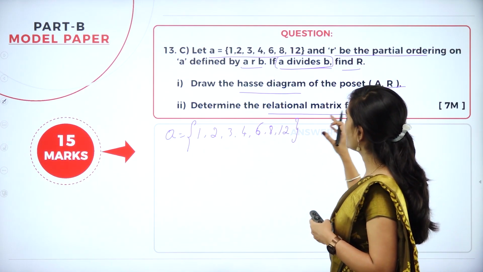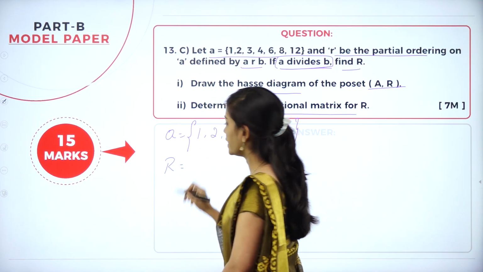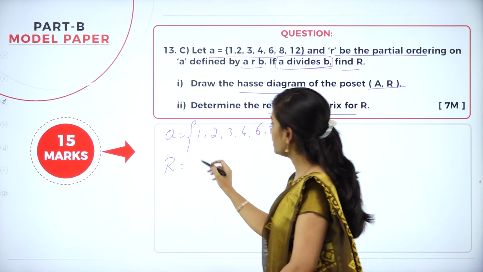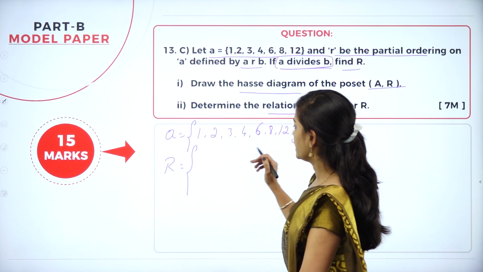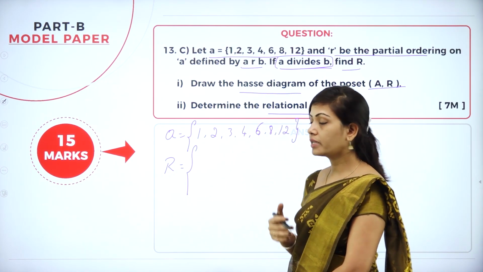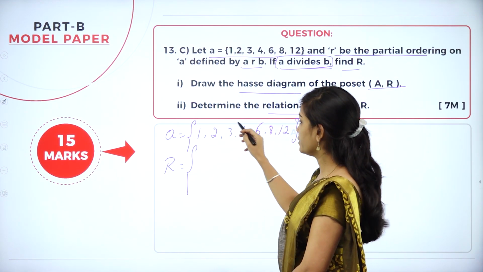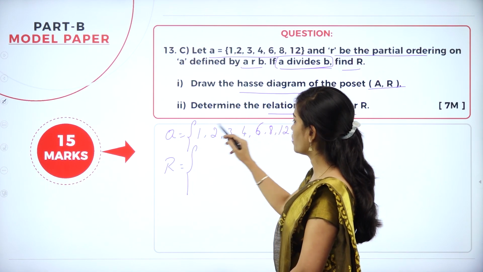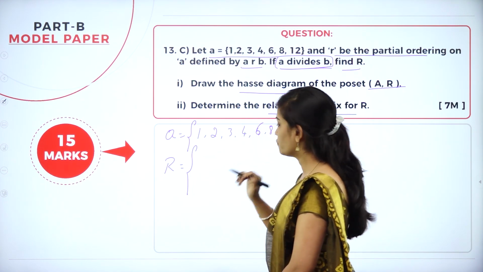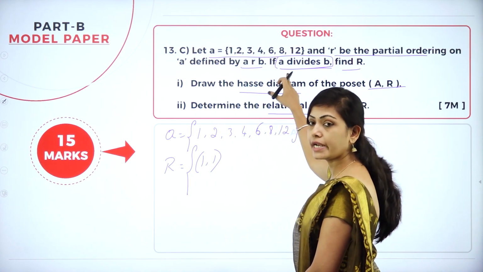A divides B, find R. R means you have to find the relation for A divides B. So first I'll write the relation for this. 1 can divide 1, 1 can divide 2, 1 can divide 3, 1 can divide 4, 1 to 6, 1 to 8 and 1 to 12. So first list all the dividing elements. So here they have mentioned A divides B.